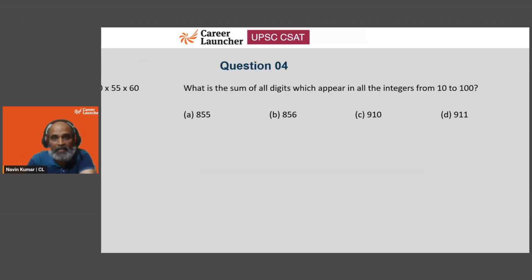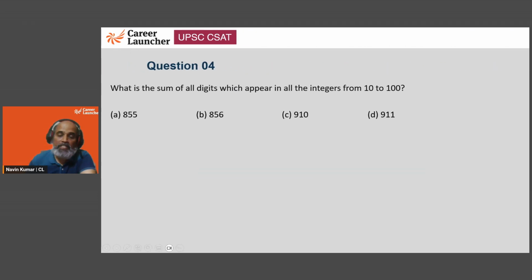Right? Another problem. What is the sum of all digits which appear in all the integers from 10 to 100? So basically, if we write from 10 to 19, what will happen is 1 is written at the tens place 10 times.